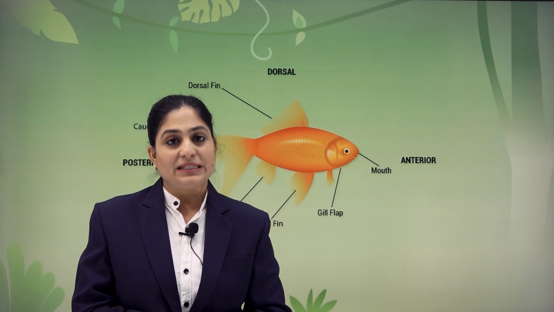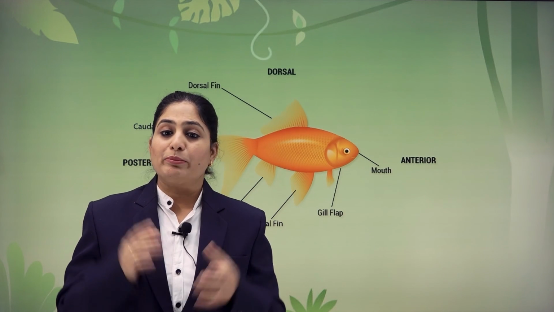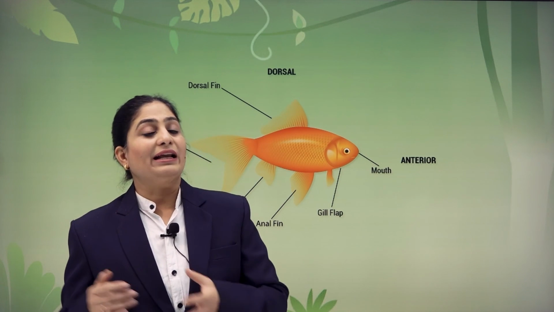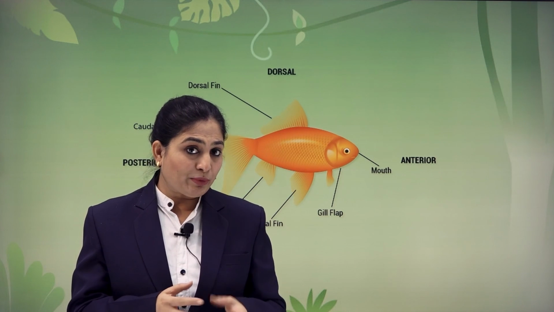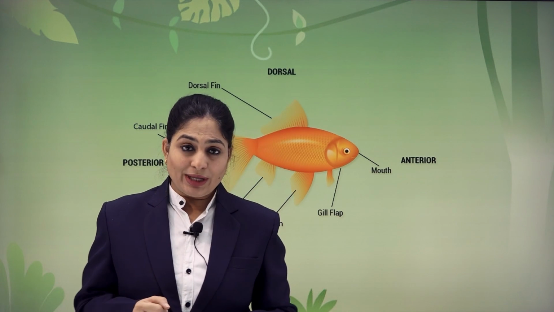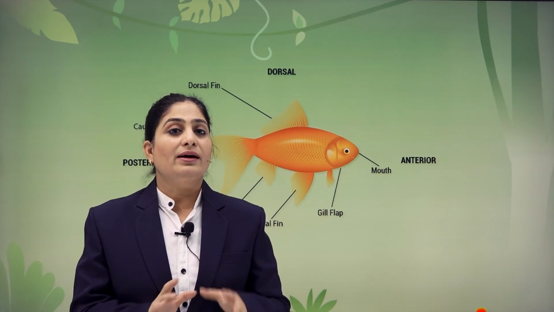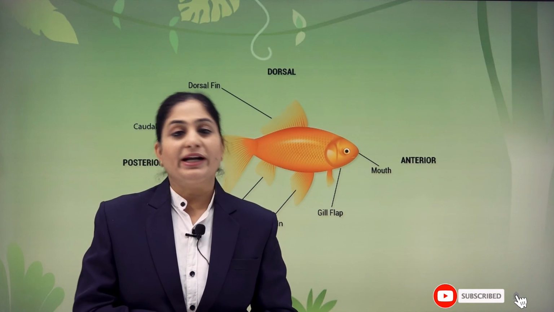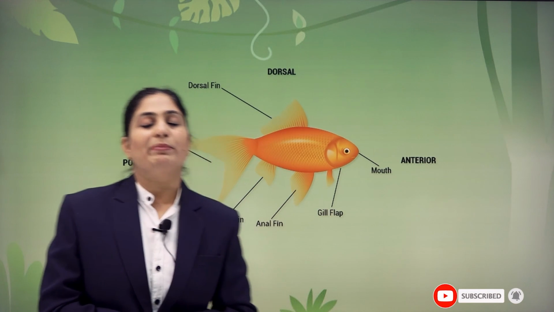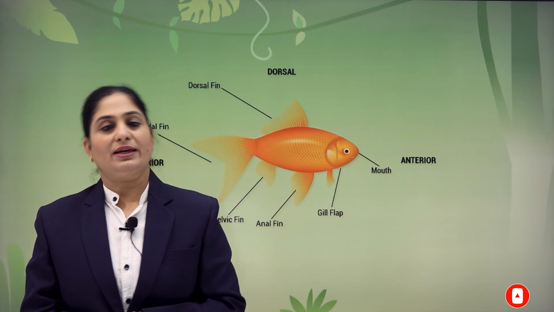They have slippery scales also, so that they get protected and can move easily. They have to be protected from any predator, so that they can live and get adapted easily. So these are certain adaptations that we generally observe in fish.